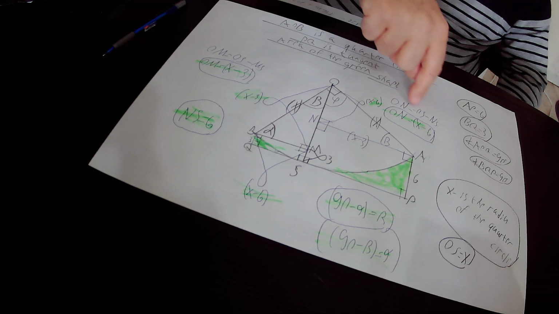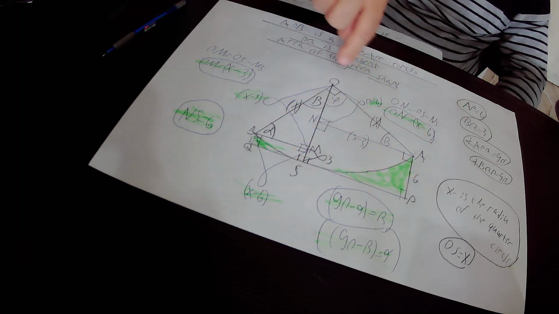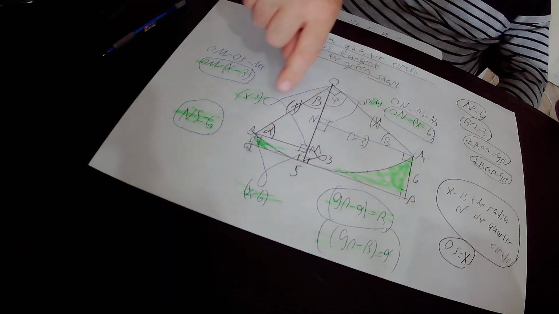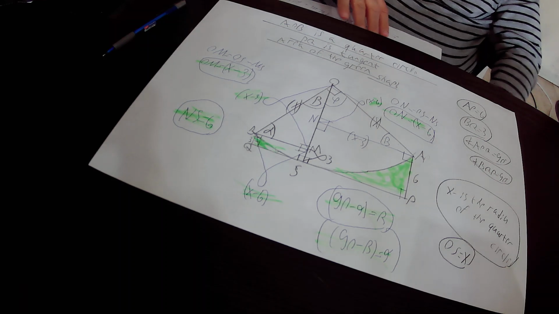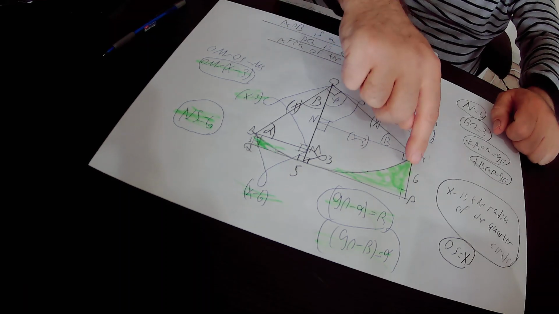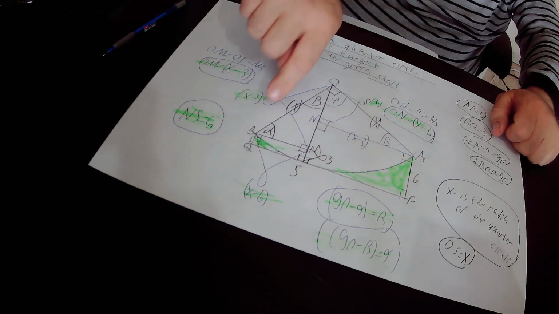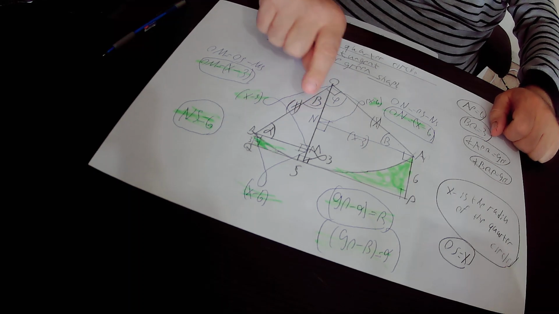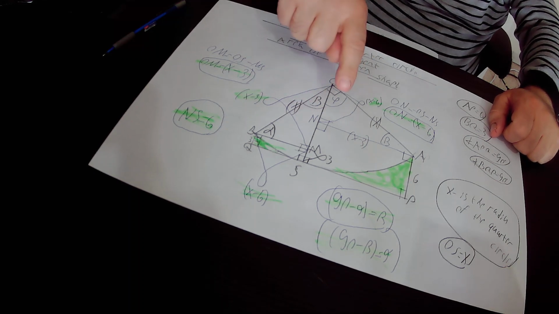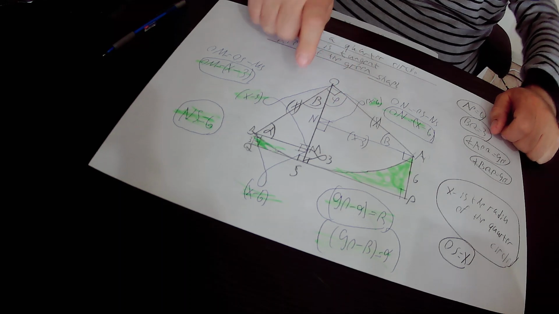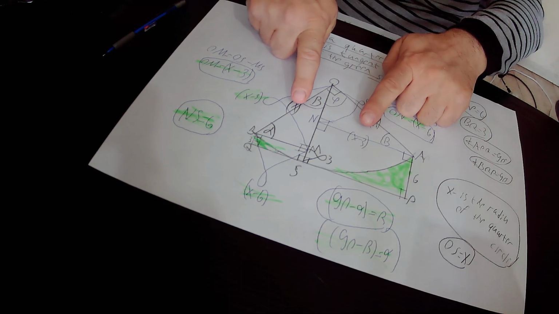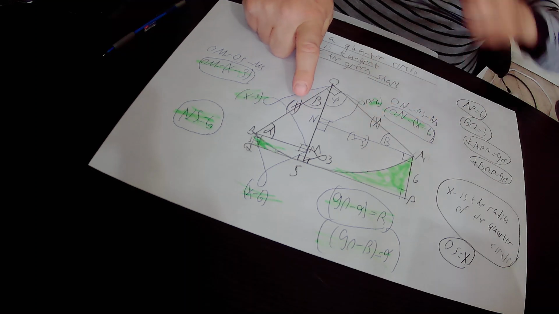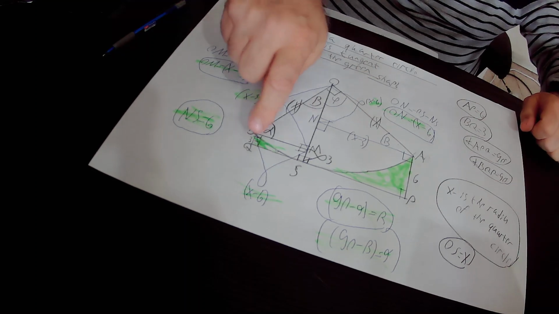Again, the area of this shape in total minus the area of the quarter circle OAB equals the area of the green shape. But this shape in total consists of two trapezoids: trapezoid OBQS and trapezoid OSPA. So the sum of the areas of those two trapezoids is equal to the area of this whole shape in total.